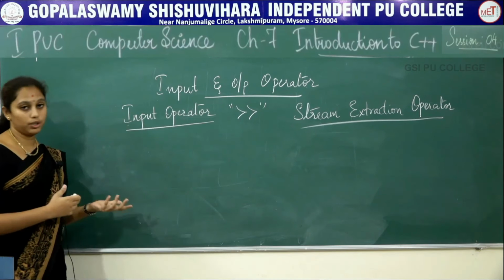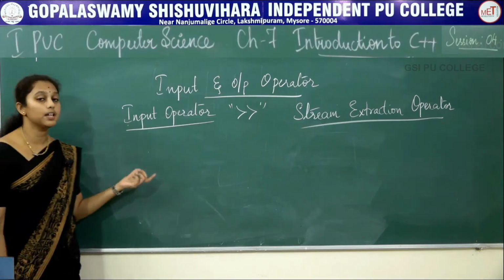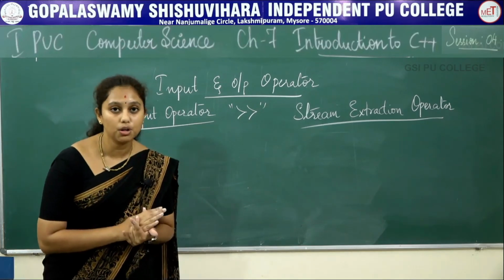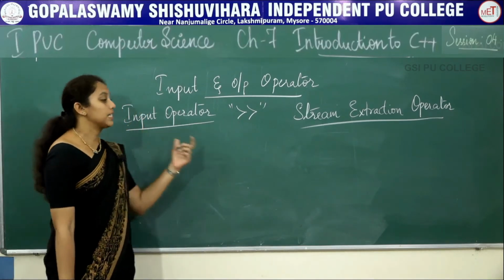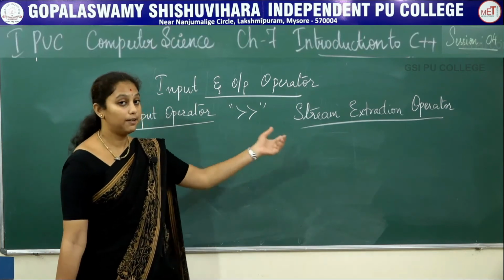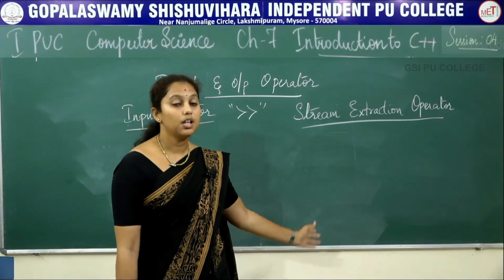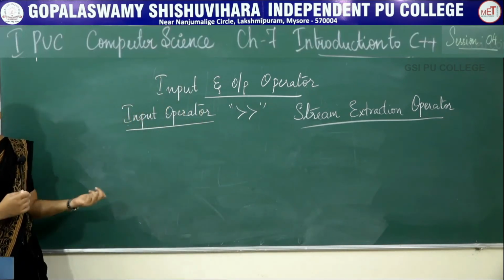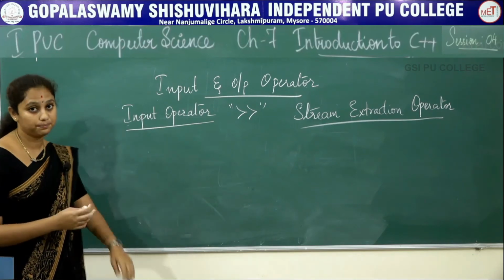Here, to extract the input, we use the standard input device, that is the keyboard, followed by the cin object, followed by the operator and followed by a variable to store whatever value is extracted from the stream.